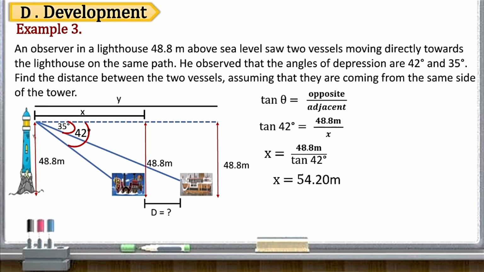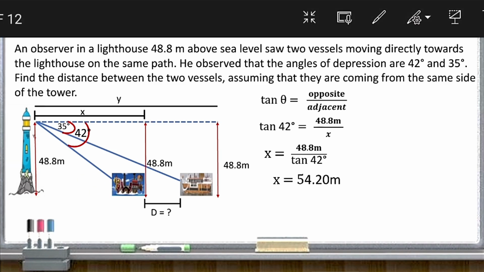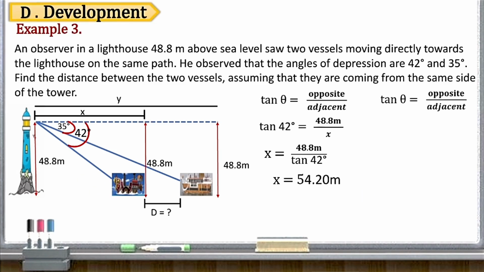Para naman class sa y, katulad lang kung paano natin sinolve yung x. So ibig sabihin, tangent theta is equal to opposite over adjacent. Tapos substitute natin, so magiging tangent 35 degree is equal to 48.8 meters over y. Then magiging y is equal to 48.8 meters over tangent 35 degree.